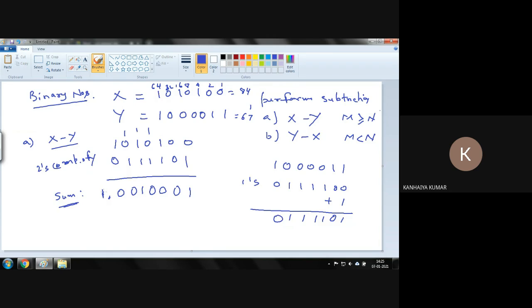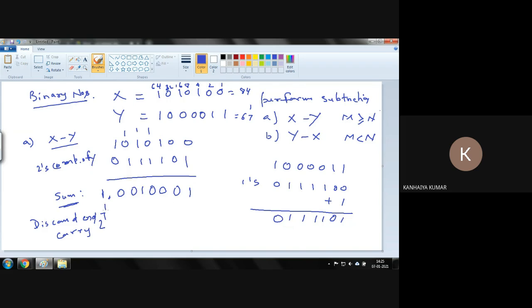Okay, no problem. 1001 0001. Yeah, sum is here. Now we have to discard the carry, and carry is nothing but 2 to the power 8 because 8 bits are in total.